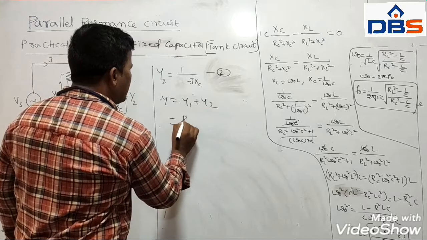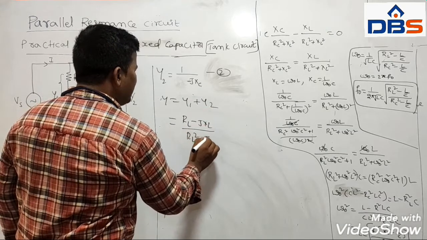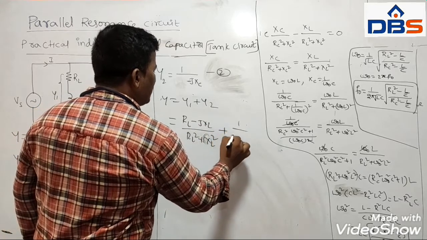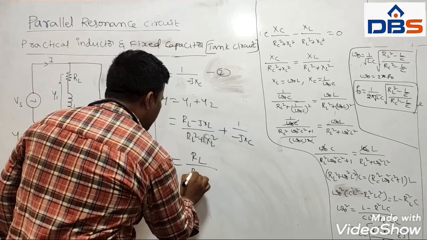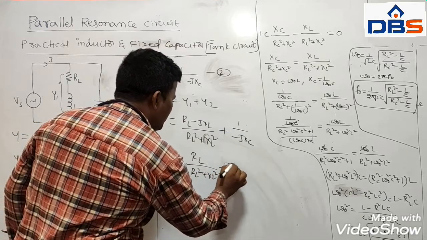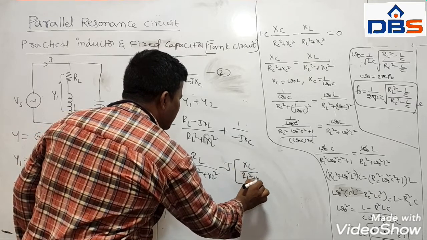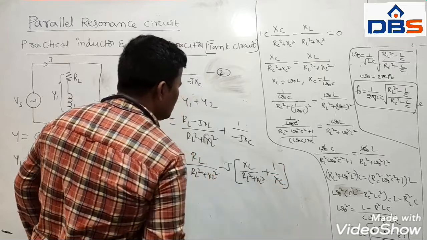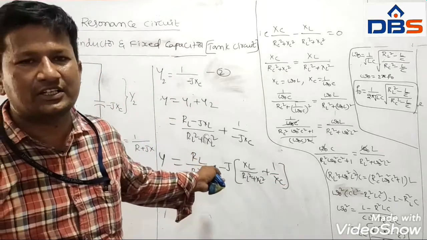So that is (RL minus JXL) by (RL square plus XL square) plus 1 by minus JXC. That equals RL by (RL square plus XL square) minus J times [XL by (RL square plus XL square) plus 1 by XC]. So now this is the total admittance of the given tank circuit.